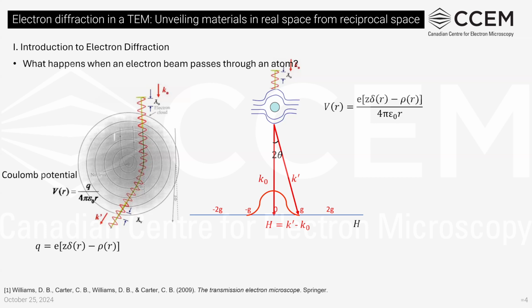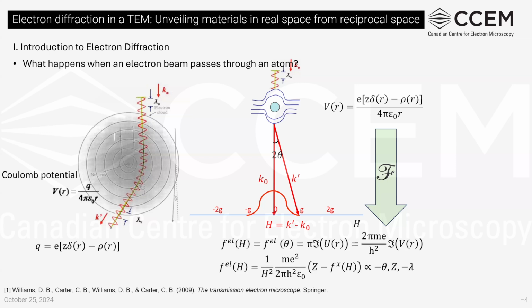So in the reciprocal space, which was opened by the Fourier transformation, here we see the fancy F, which stands for the Fourier transform. We get the Fourier transform of the electrostatic potential. It is called the electron scattering factor, the f_el. f_el interprets the ability of an atom to scatter an electron.